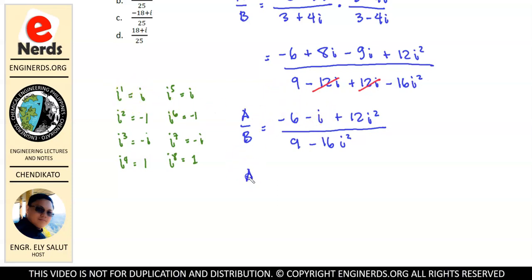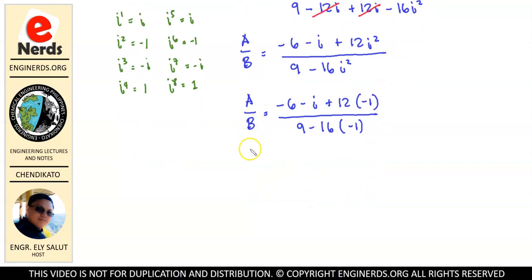No? So, we have A over B is equal to negative 6 minus i plus 12 times i squared over 9 minus 16 times i squared. Our i squared is equal to negative 1. Okay? So, we're going to solve for that.